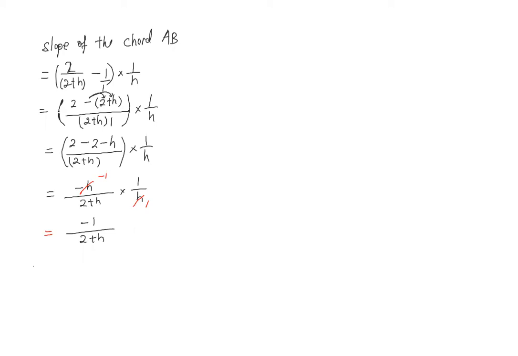So negative 1 over 2 plus h is the average rate of change from x equal to 1 to x equal to 1 plus h.